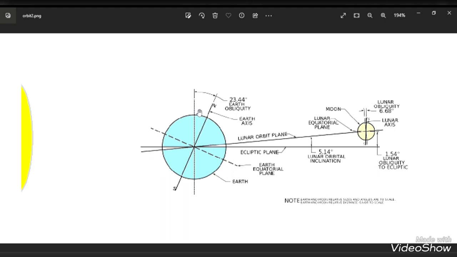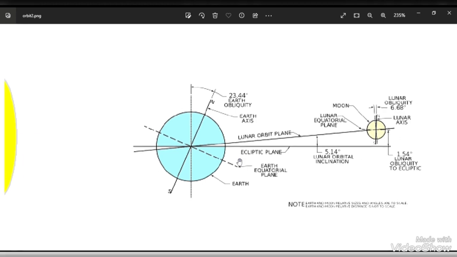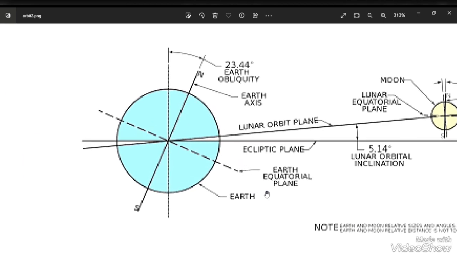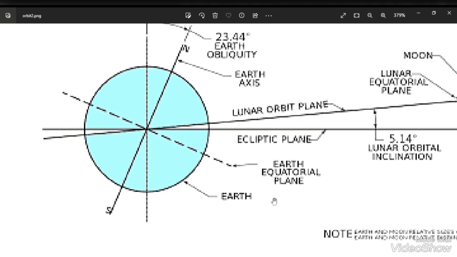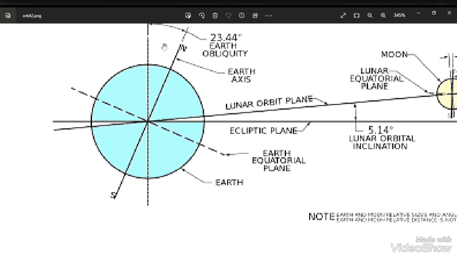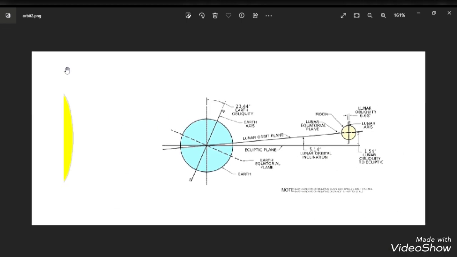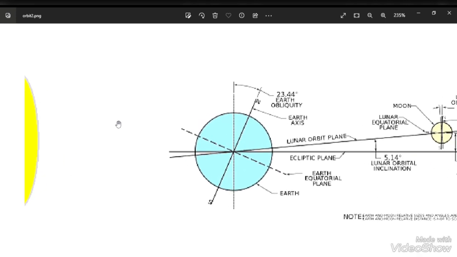There is a difference of 23.44 between these two axes and these two planes. And this is the main reason that we have 4 seasons during the year in each rotation of the earth around the sun, as I explained in next figures.